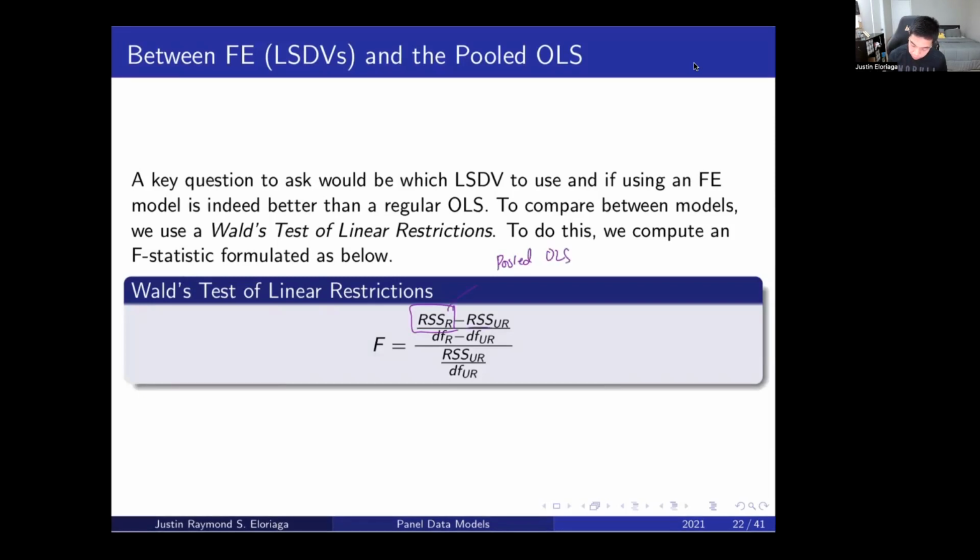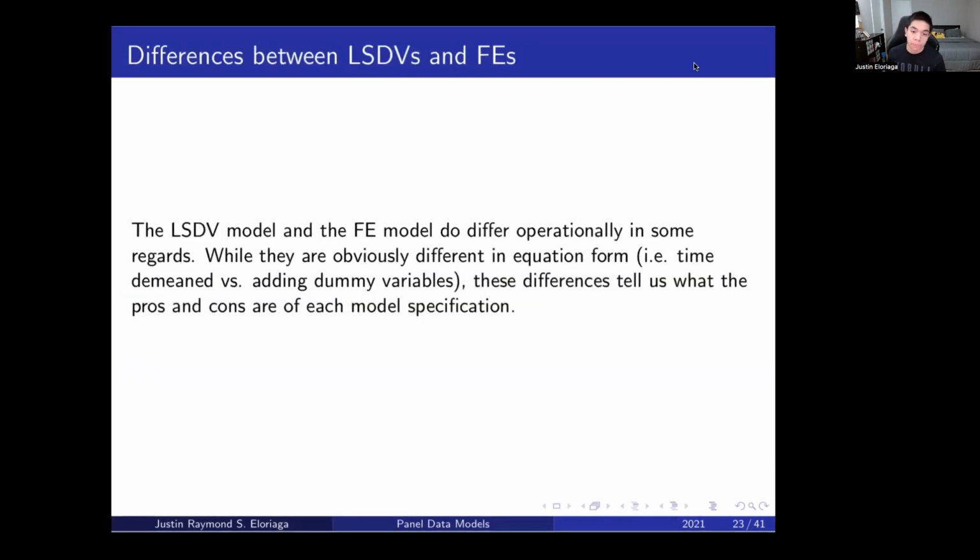And you can take one of the unrestricted models, which is, say, LSDV1, and then you compute the statistic based on that. And you're able to compare the two depending on which would be better than the other, right? So that's one way for us to test which model we should end up choosing. And essentially, that's testing whether the restrictions you let go of were important or not, right? So that's what this test is doing.